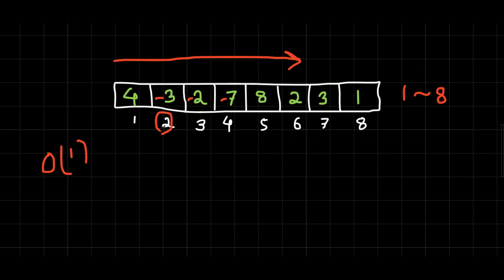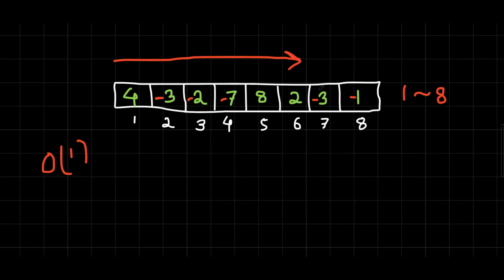Now for this element 7, we will make negative the element present at index 7. For the element 8, we will make negative the element present at index 8. For the element 2, we will make negative the element present at the second index, but here 3 is already negative, so we don't have to do anything here.